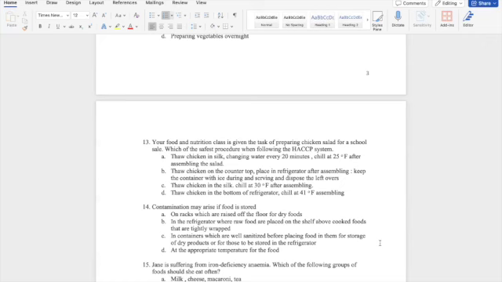That can be a course by itself, right? So the answer will be thaw chicken in the bottom of the refrigerator, chill at 41 degree, assemble. This would be the answer. Right. That whole question is an entire unit by itself.